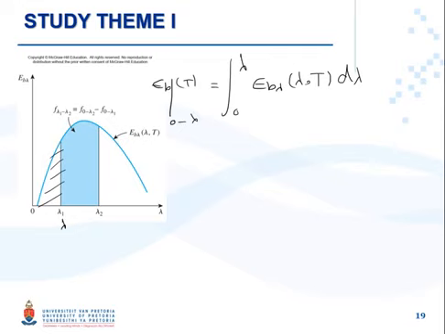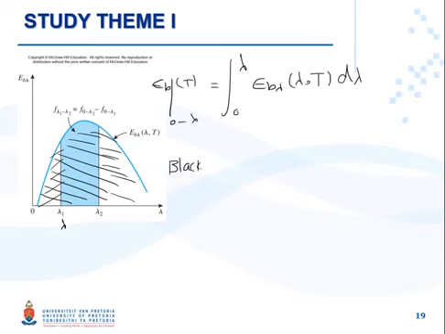But the other story is, we already calculated for all this area. We did the integral. So instead of doing this integral from scratch, we can define something which is called the black body radiation function.